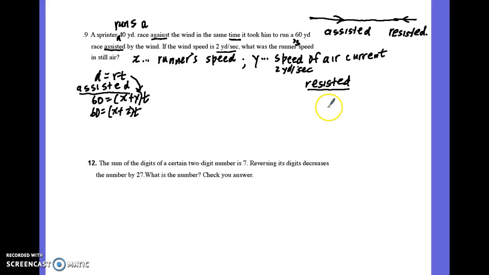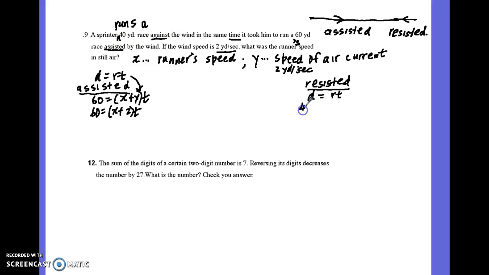Now let's take a look at the resisted situation. When he's resisted, so when he's coming back against the wind like this, the formula is the same, d equals r times t. But the distance when he runs against the wind is only 40 yards.